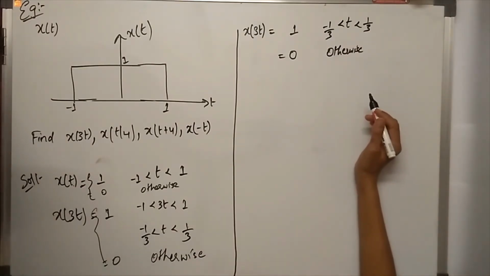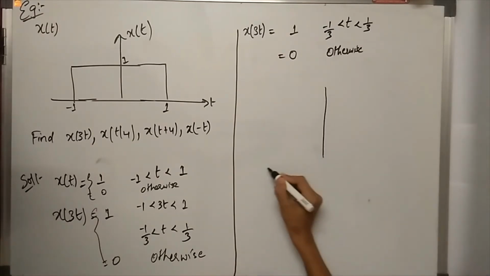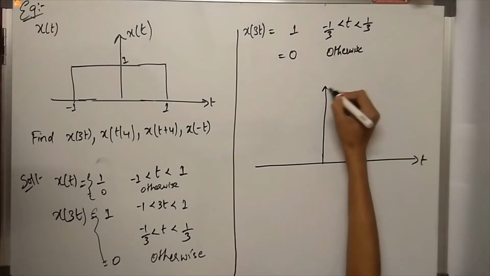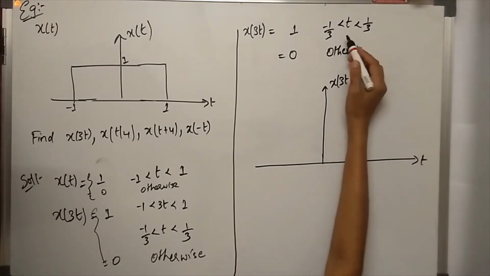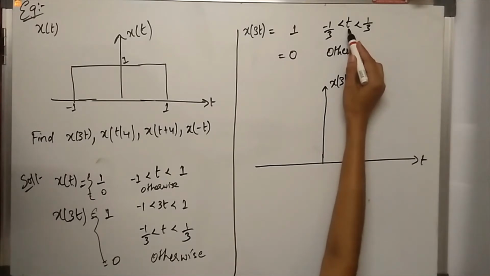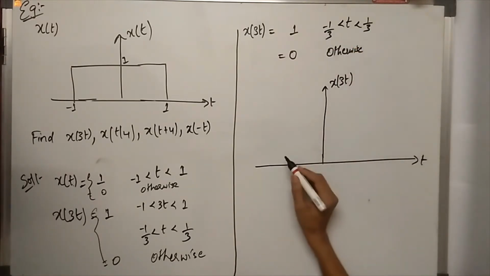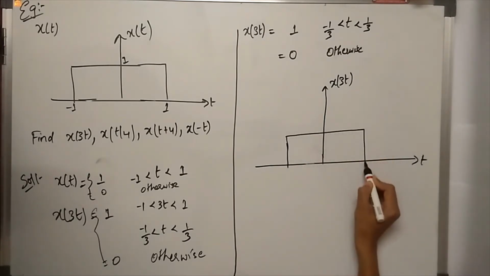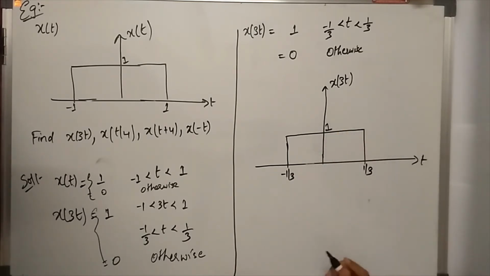So now we will plot this signal x of 3t. I know this x of 3t is defined in the interval -1 by 3 to +1 by 3. This is equal to 1.